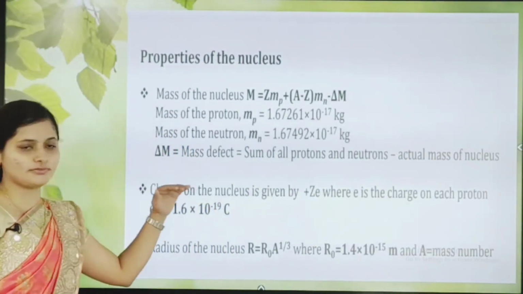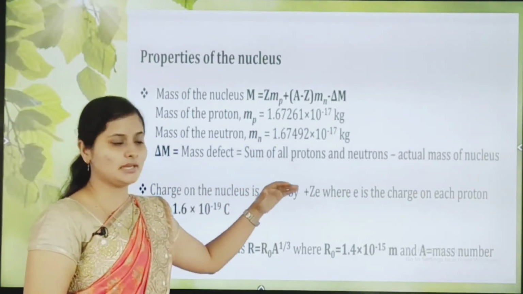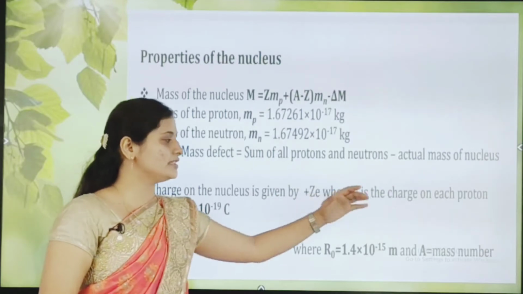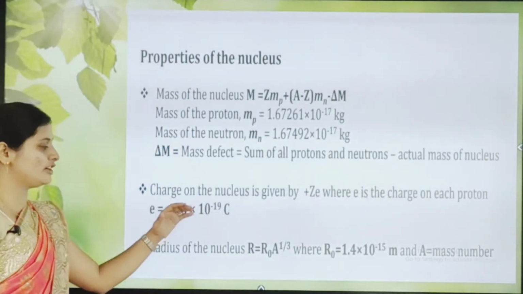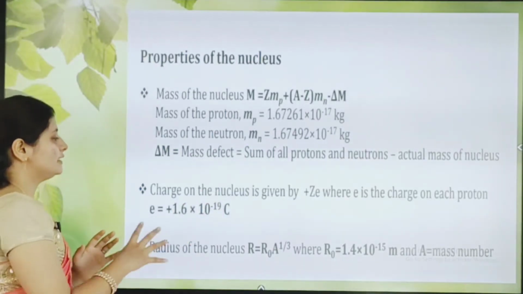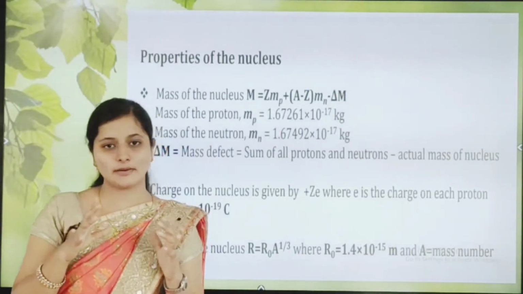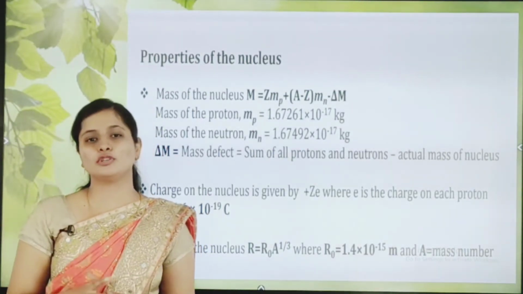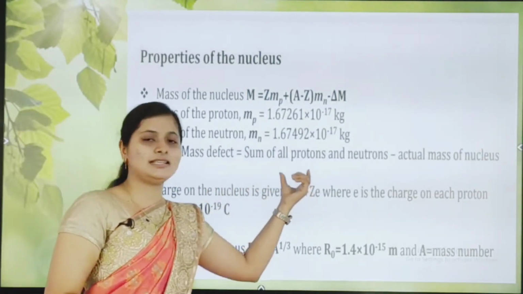Next, the charge of the nucleus. The charge of the nucleus is given by plus Ze, where e is the charge on each proton, that is e equal to 1.6 into 10 raised to minus 19 coulomb. In the nucleus, protons and neutrons are present. The proton is positively charged, so the charge is given in terms of plus Ze.